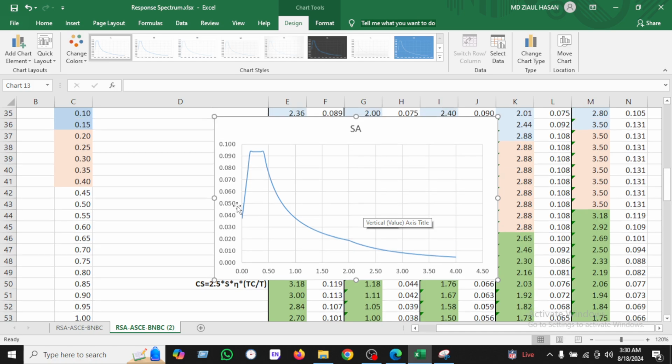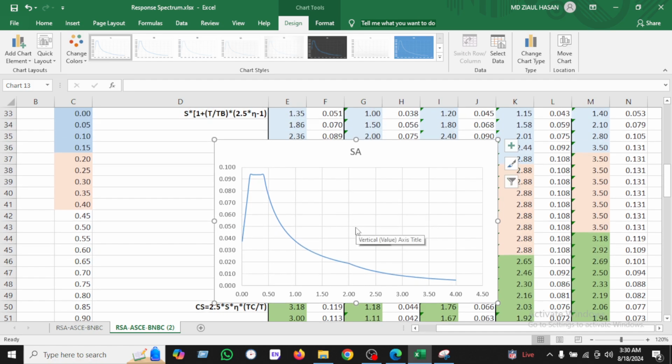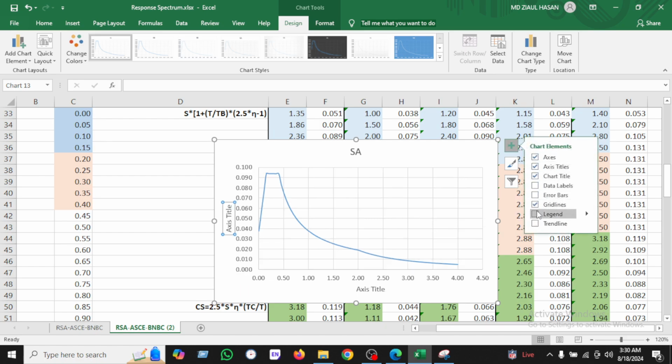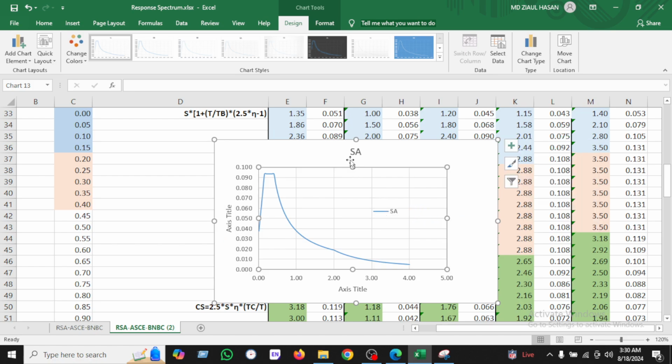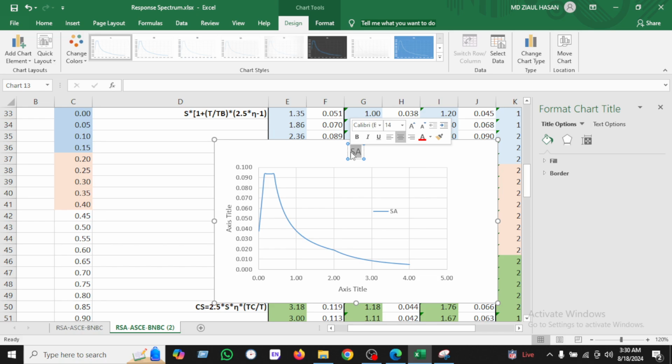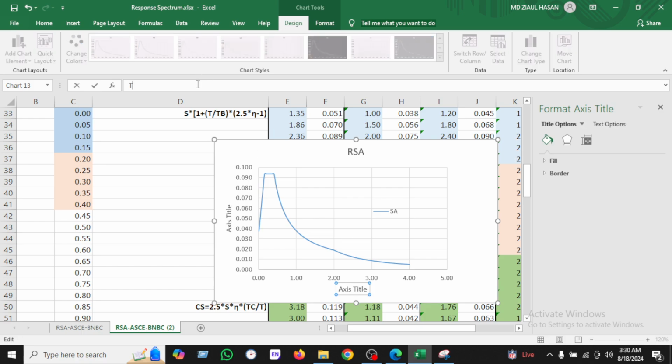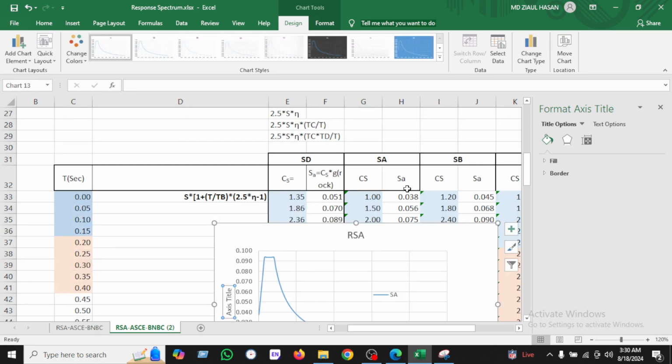This is our response spectrum of SA versus time period. I'm just giving the region and labels. The x-axis is time period, which is in seconds, and the y-axis will be SA.